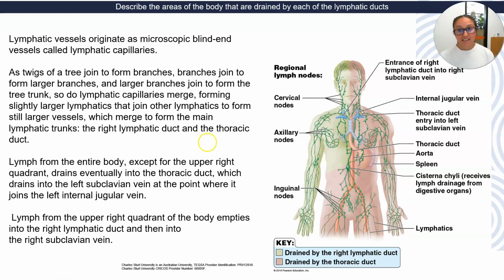Now, you have lymphatic vessels everywhere, throughout the entire body. However, the fluid that they drain is not symmetrical. So for example, and I'm going to show you in a minute a picture. Can you see this green area here?